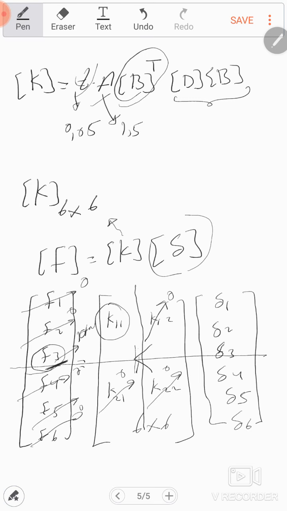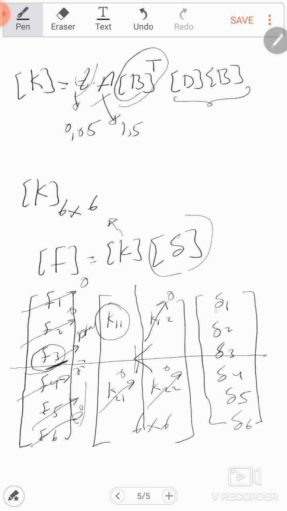No need to write a full calculation, because I have 0 values of forces, and the displacement will also be 0, because the force is already 0.